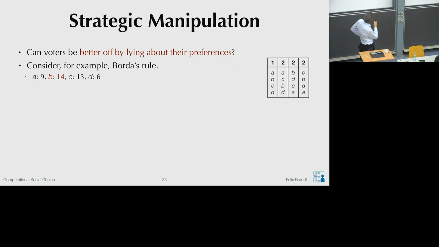So what these people need to do is, they can both do it together, move C upwards, and at the same time move B downwards, or maybe one of them suffices. You move C upwards, which increases the score of C, and you move B downwards, which decreases the score of B. Then the outcome will be alternative C, and these people who change their preferences are better off. So that's an example of a manipulation.